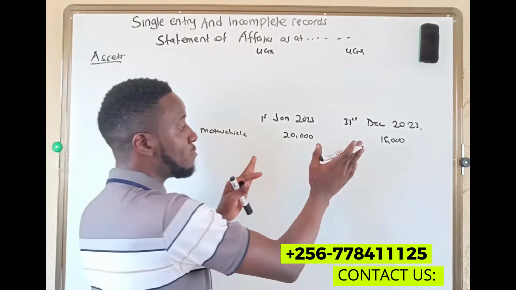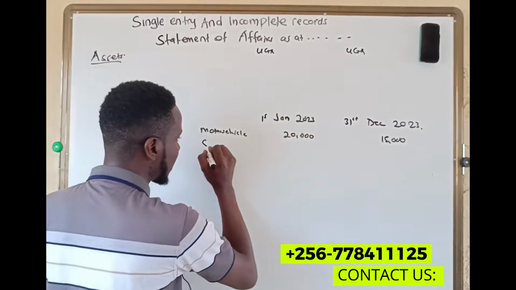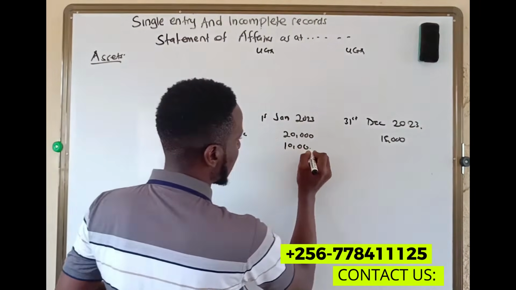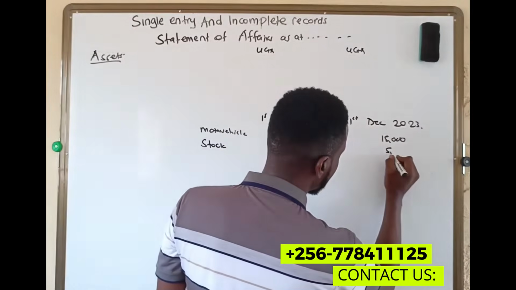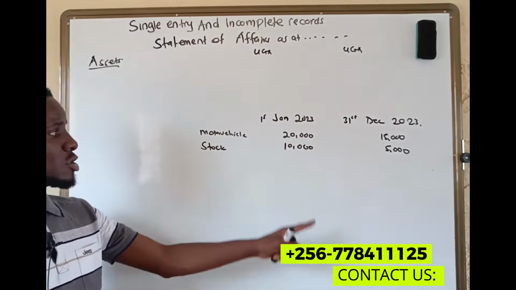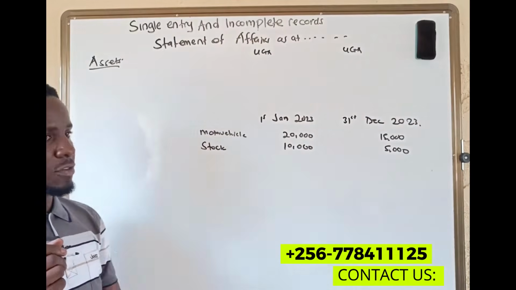Let me give you another one. For example, stock. It was, let me say, 10 here, and 5,000 there. This list of balances is what you're going to take into the statement of affairs.